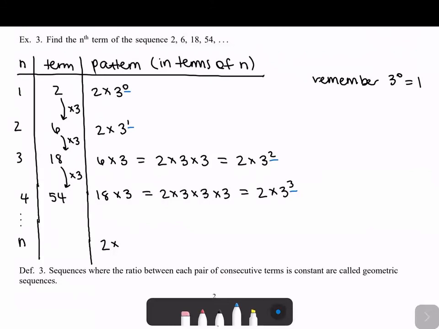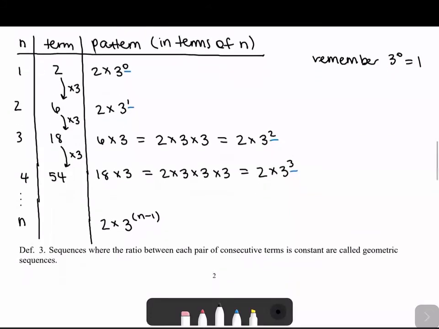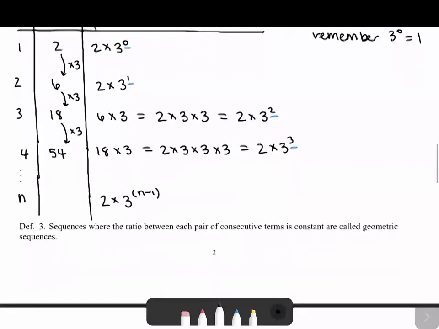So we can write this as 2 times 3, and the power is now n minus 1. So we have our pattern. If we plug in any n, we can find out what that term is by plugging it into this expression. So this defines a different type of sequence called a geometric sequence.